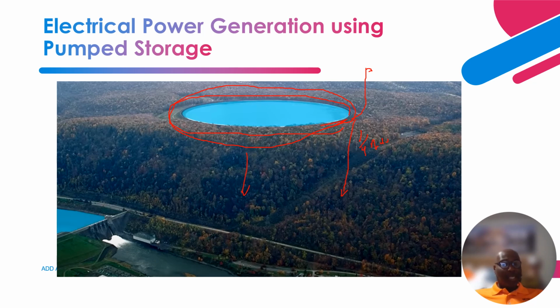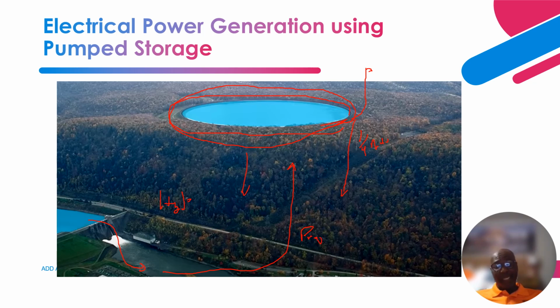This one is in close proximity to a hydro plant. The pass-through water, or spill water, that goes through the hydro plant is pumped back by motors to fill this reservoir.